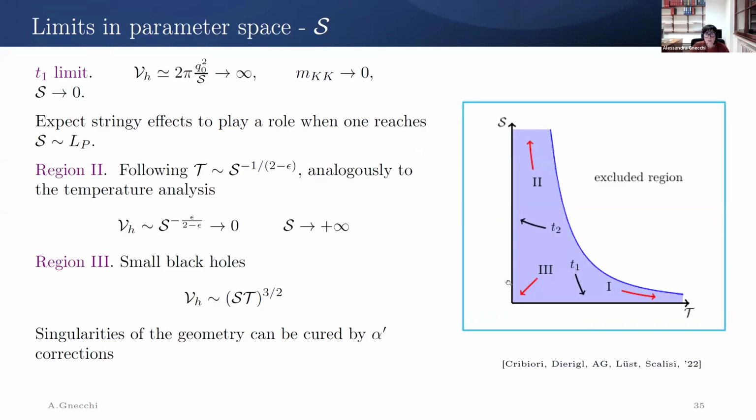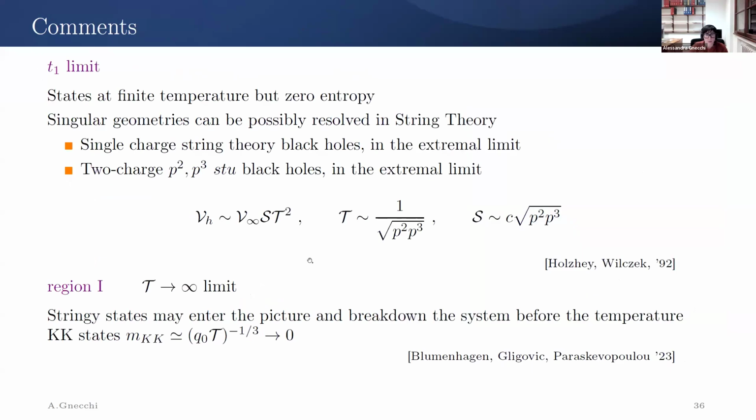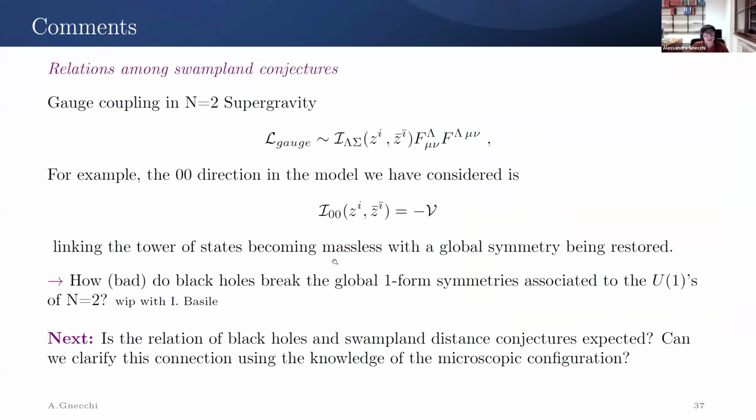So let's say these are necessary but not sufficient constraints on the breakdown of the EFT. Maybe I said it the opposite. One interesting comment is that these limits may also reflect on the gauge coupling of the theory. In fact, recall this is the piece of the Lagrangian of N equals 2 supergravity that describes the Maxwell fields.